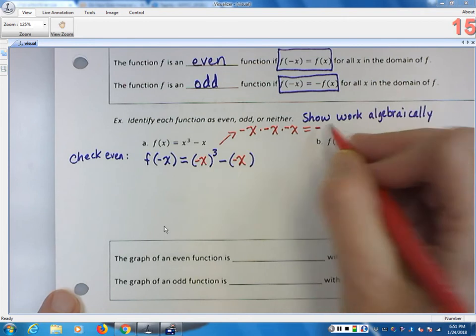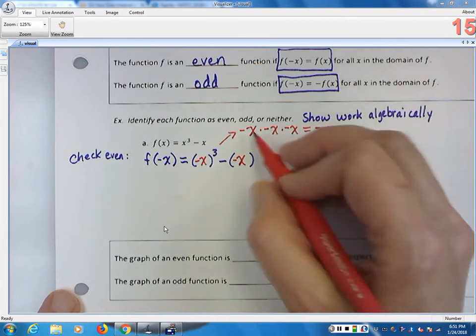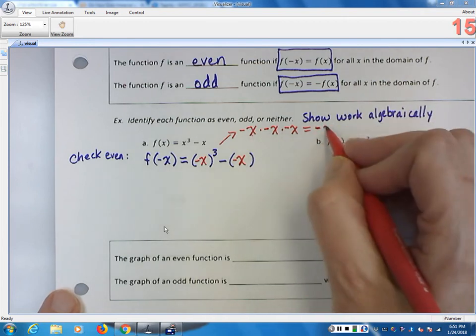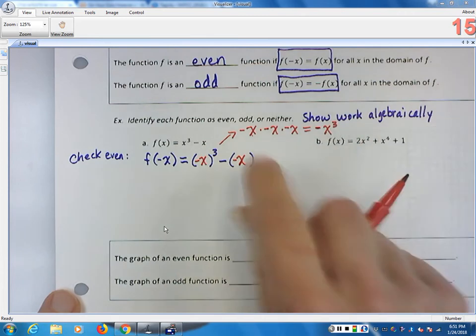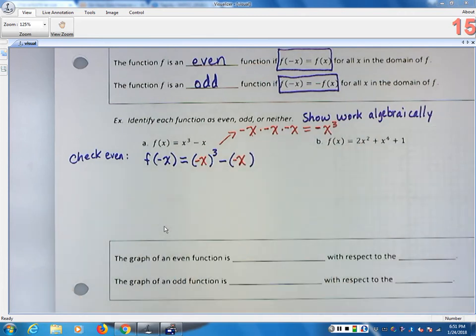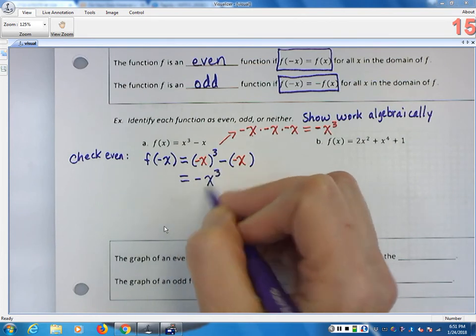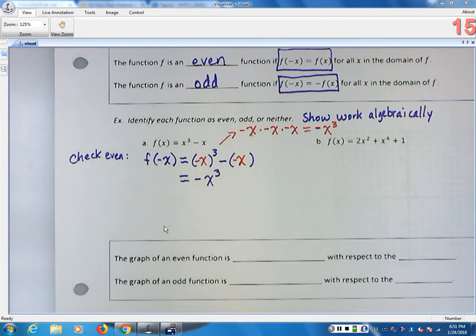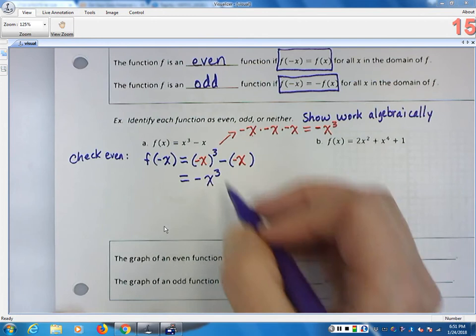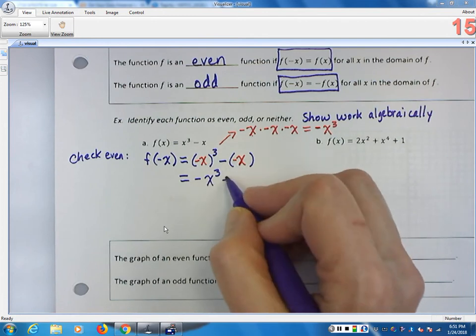An odd number gives you a negative. And how many x's are there? 3, so it's x to the third. So to simplify this, we get negative x to the third. And then we have minus a negative is plus x.